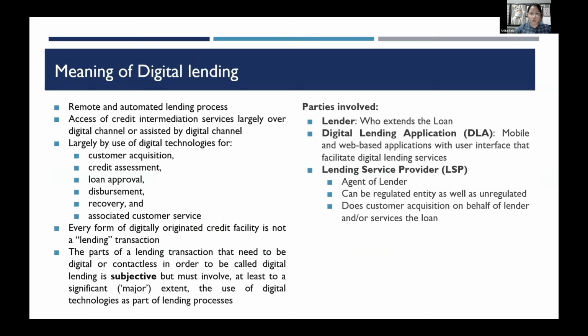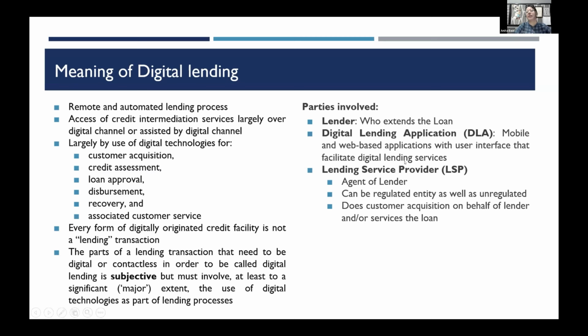Digital lending, we all know that it has to be decided whether a lending is digital or not. And it is subjective because it depends upon the use of digital technology for the lending process. If the significant part of the lending, mostly the credit decision making, is digitalized and if we are using digital technology for extending such loans, it will be classified as digital lending, and this will be applicable on the lender.